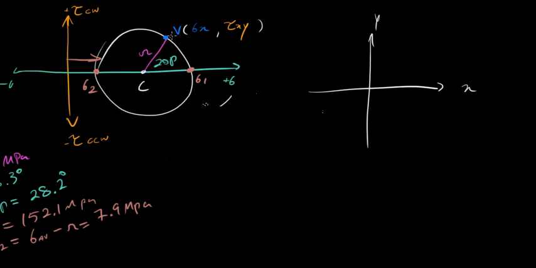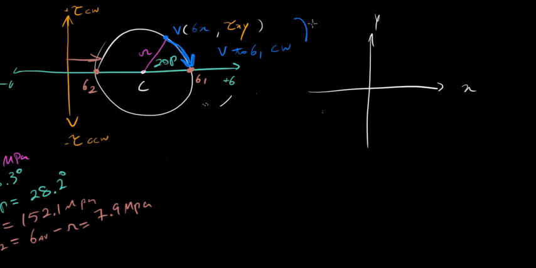From our vertical face to the principal stress number 1, which is the maximum, we go from there to there in a clockwise fashion, because we're going from here to here, initial to final.